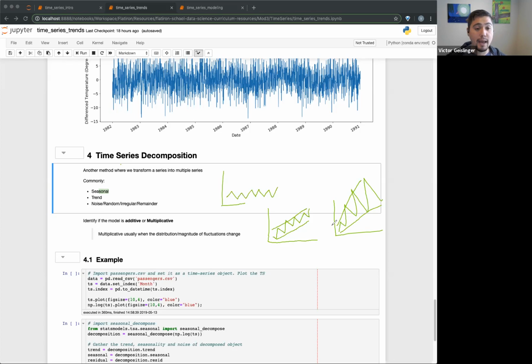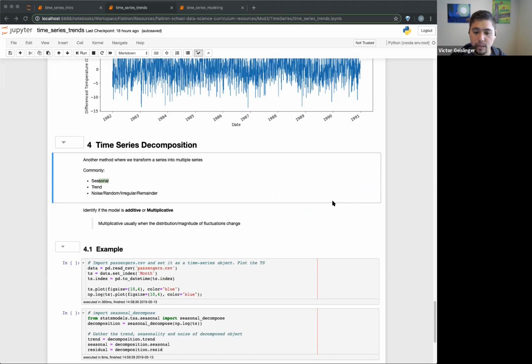But the idea here is that it's being multiplied each time, which means there's bigger changes each time compared to just the whole thing being added up and moving up forward. Okay, so let me show you guys an example now.